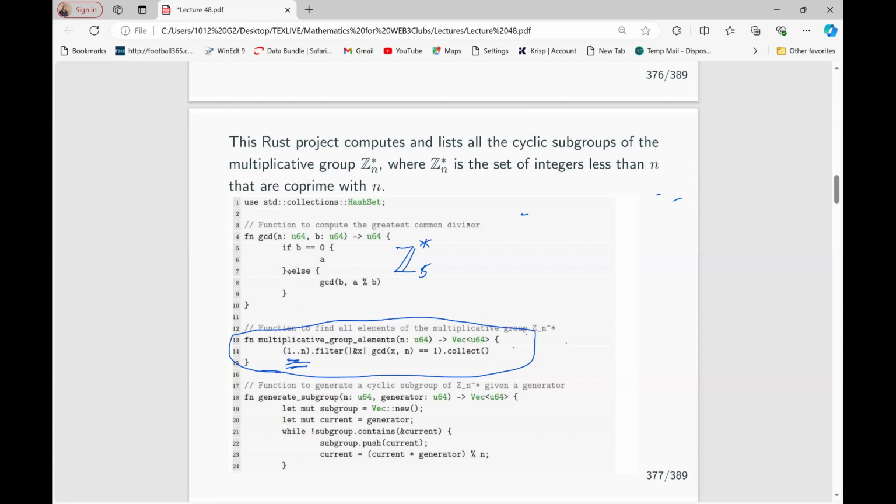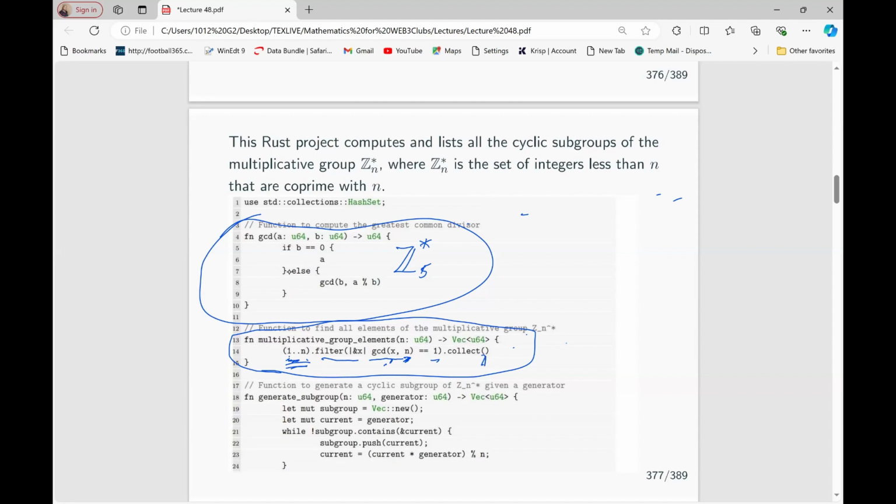Is that okay? So from those elements, it is filtering those which had a GCD of 1 with n, just filtering from the solutions from above and storing them here.